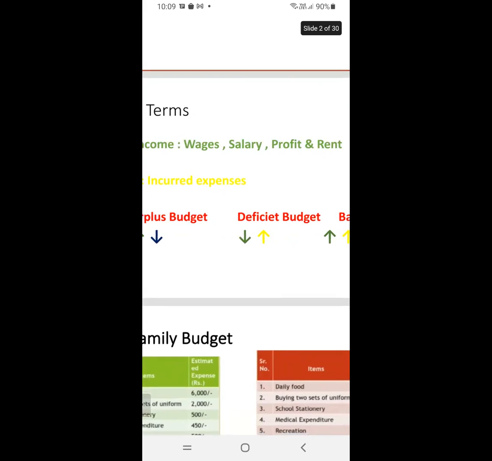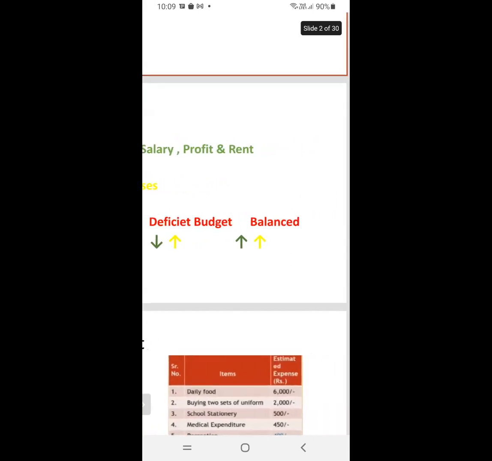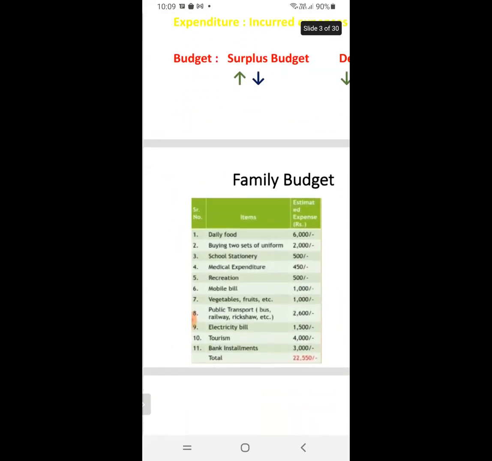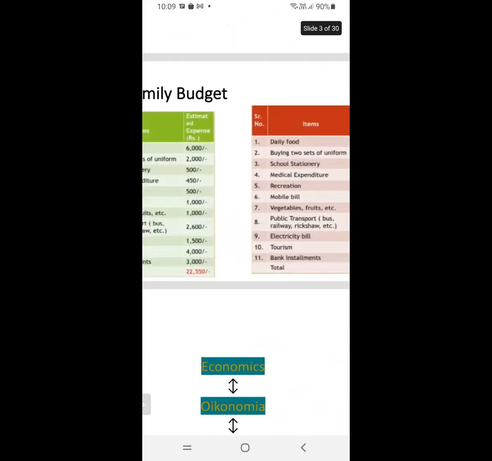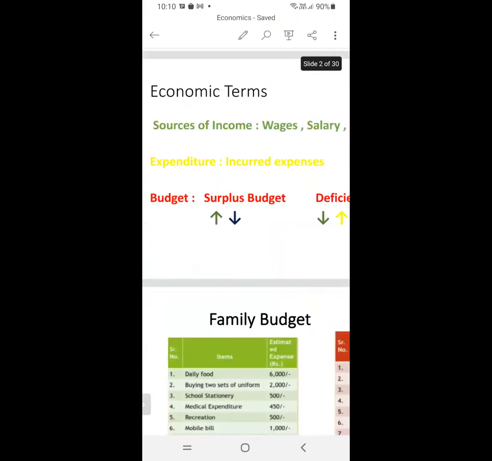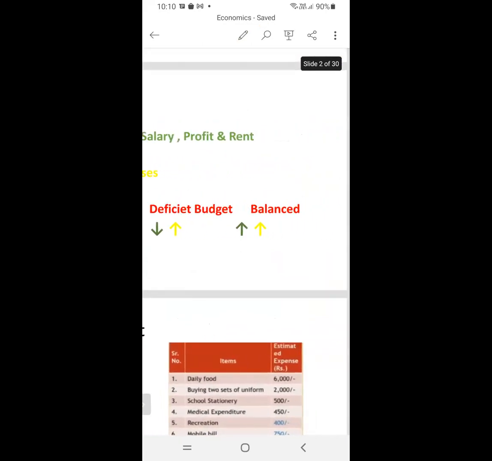Balanced budget means income and expenditure are equal. How much we are earning, that much we are spending, and we have nothing in our hand after the spending. So here I explained the family budget. How do you maintain your family budget? That is up to you, whether it is a surplus budget, a deficit, or balanced.